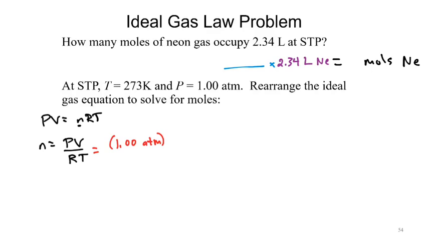I'm going to do the R, which I always forget, so hopefully I got it right here. Liters times atmospheres over moles times kelvins. And then our temperature of 273 Kelvin.